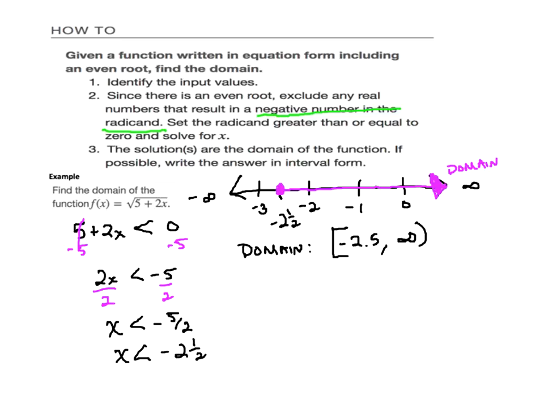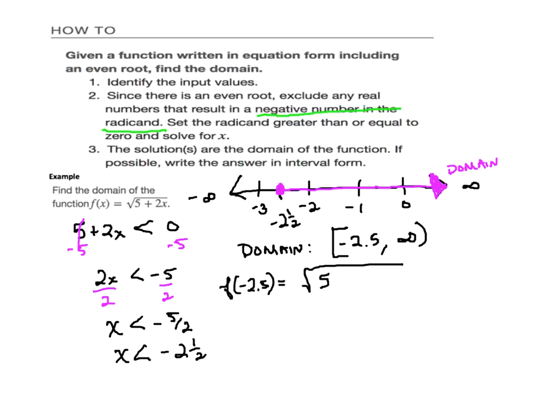Okay, so let me show you what happens algebraically when you plug in exactly -2.5. We already know from our graph we're going to get 0 out.